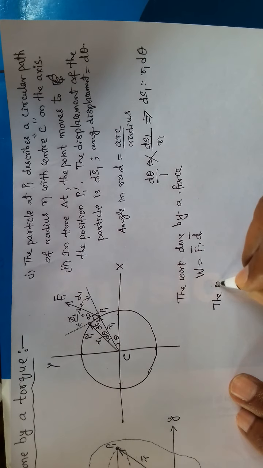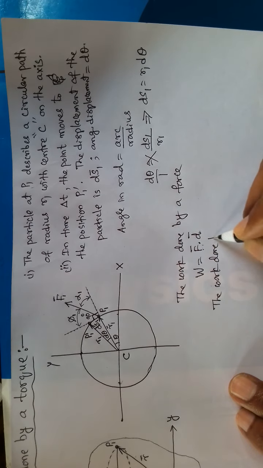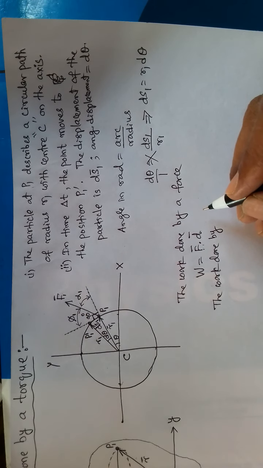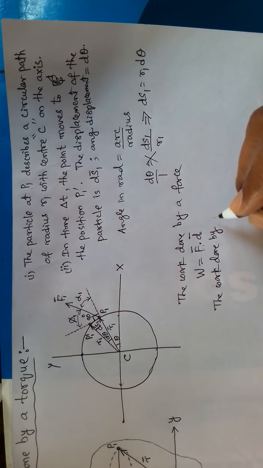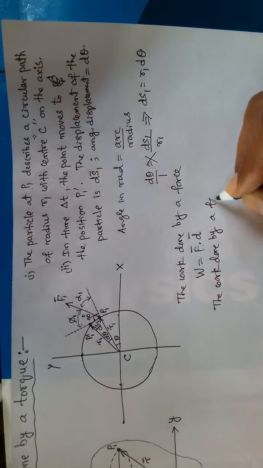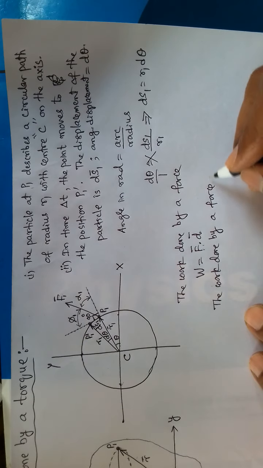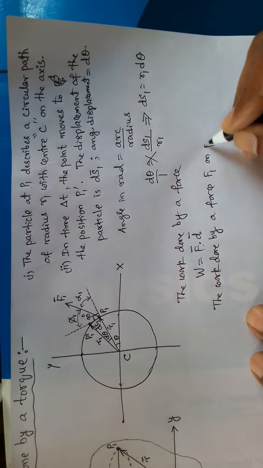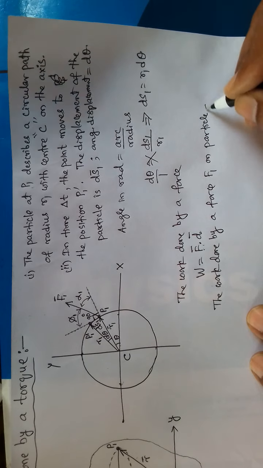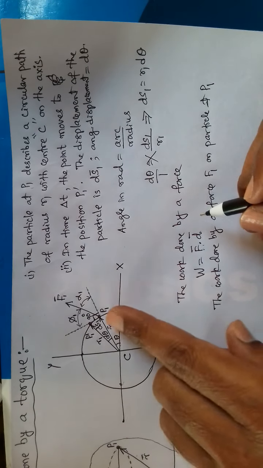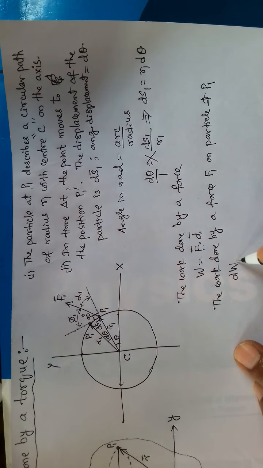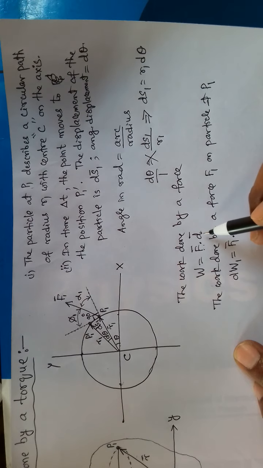The work done by a force, that is F1, on particle at P1. Here the particle is there. See here, work done is dW1 is equal to force F1 dot displacement.